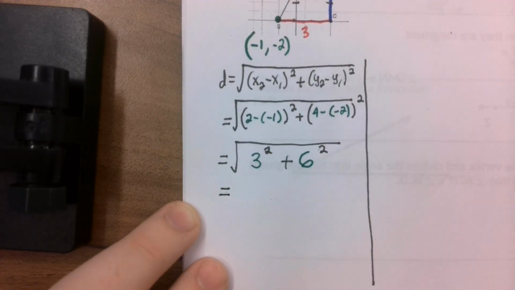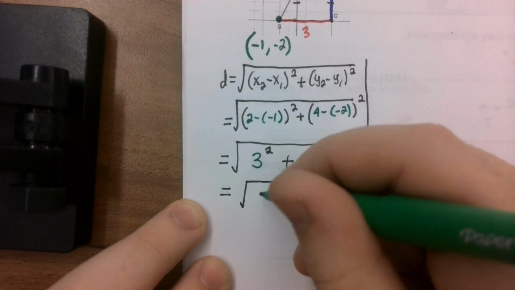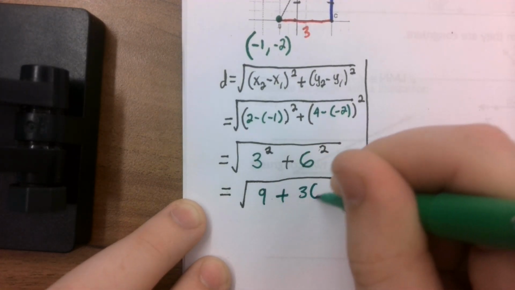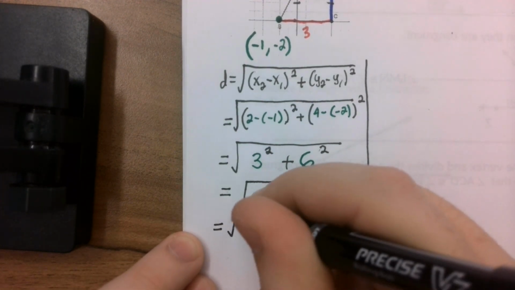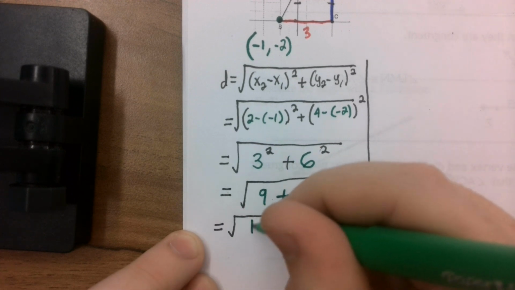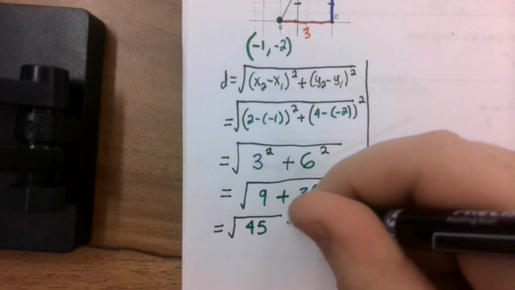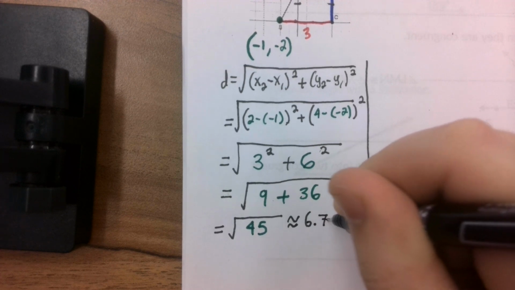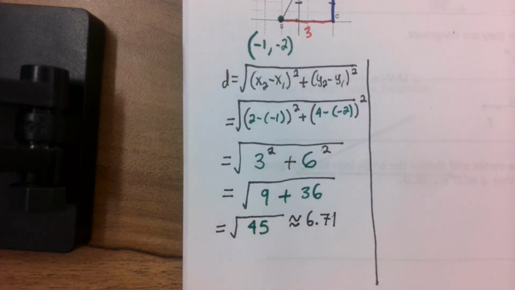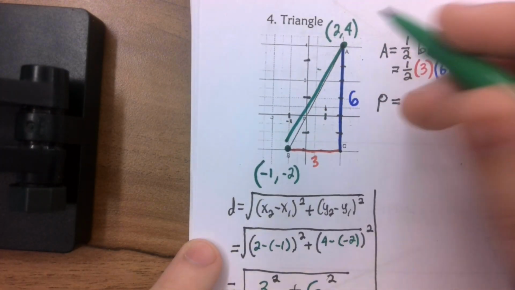We know that 3 squared is going to be 9, and 6 squared is going to be 36. 9 plus 36 is 45. And if we take the square root of 45 in our calculators, we end up getting the following decimal: 6.71. So this is the distance for our final side.